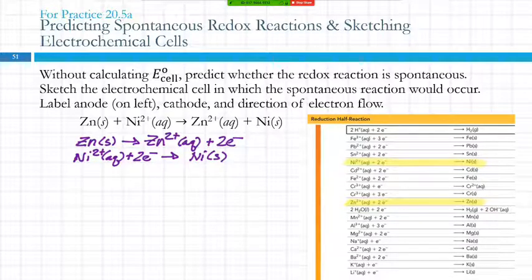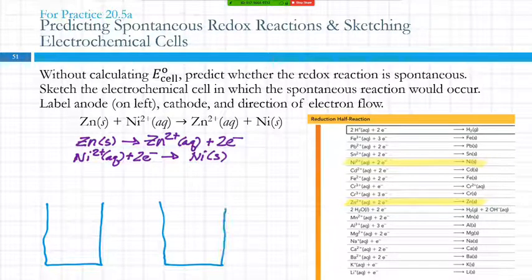The next part says, sketch the electrochemical cell in which the spontaneous reaction would occur. Label the anode on the left, the cathode, and the direction of electron flow. You should learn how to draw electrochemical cells. They do not have to be beautiful. So we've got 2 containers, 2 beakers.